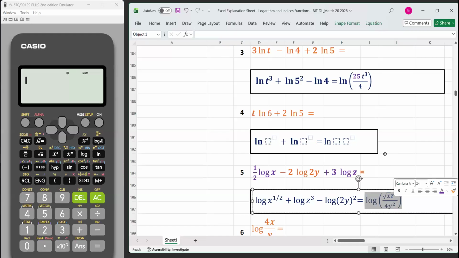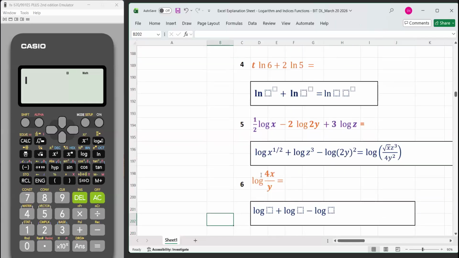Okay, now we combined into a single log. What if they give you a single log and they're asking you to expand? So look at number 6. What will this be equal to? What do you see between the numbers 4 and x in the numerator?